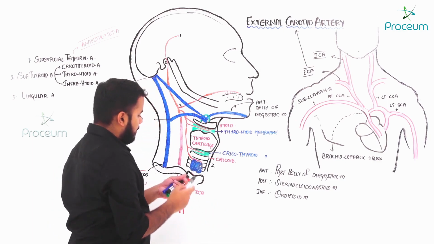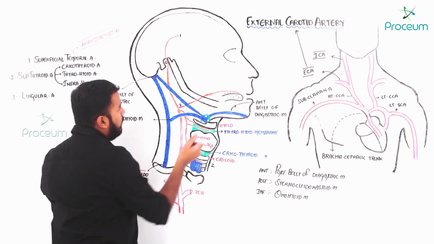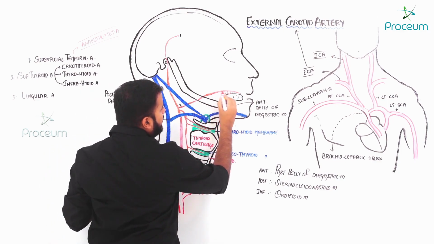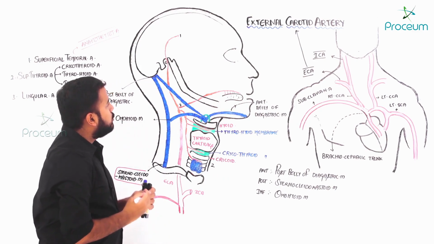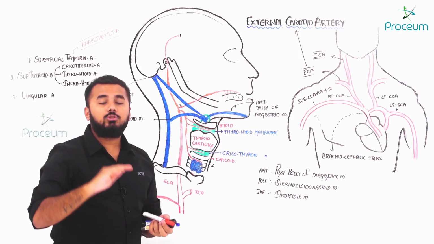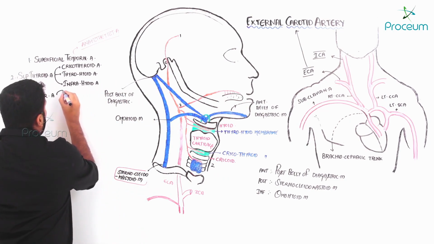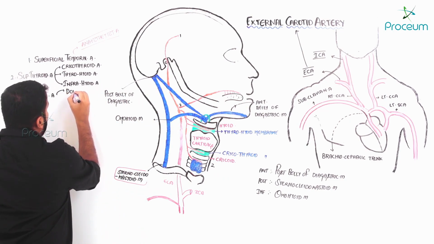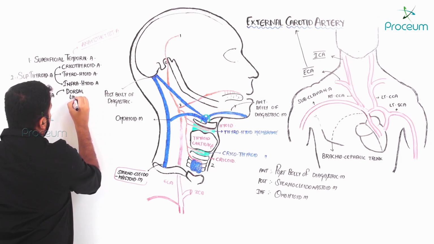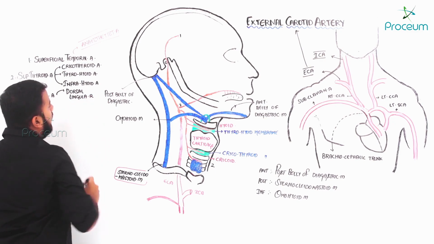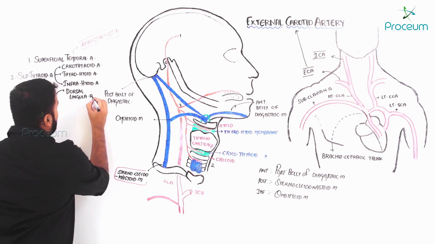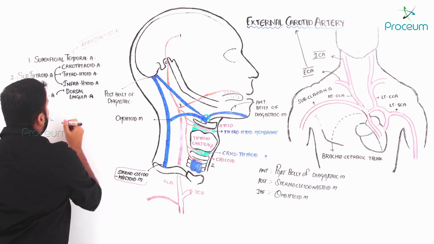Now this artery supplies over the dorsal surface of your tongue, so you call this artery the dorsal lingual artery.